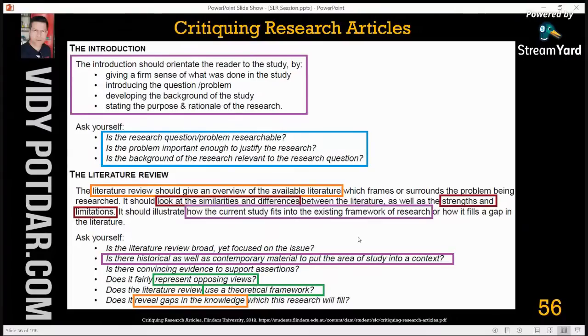Every element of a research paper has to be investigated and evaluated when you are writing a critical summary.